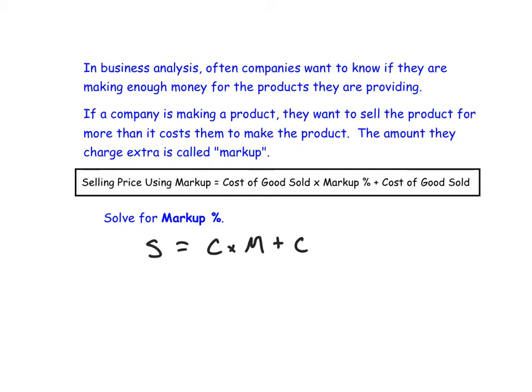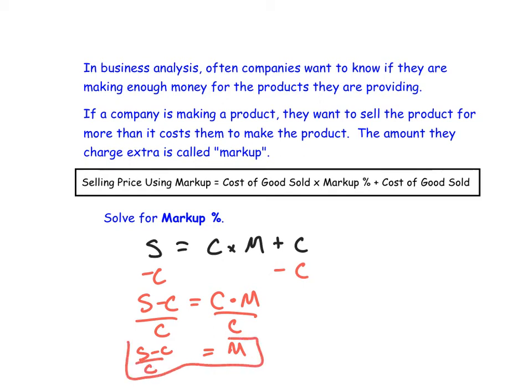So we're going to subtract C from both sides. We've got S minus C equals C times M. And then we're going to divide both sides by C, and we get M equals S minus C over C. In fact, it is the same thing as we did before, just with different letters.